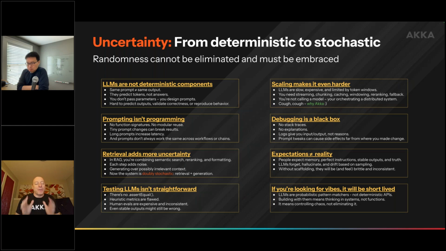So the first principle in how you're thinking about these systems is that you must embrace this uncertainty. You have to accept that these systems are going to fail. And you also have to embrace the randomness and design a system that anticipates failure and expects randomness, as opposed to trying to avoid it or eliminate it at the end of the day.